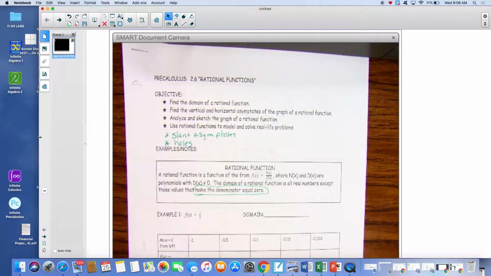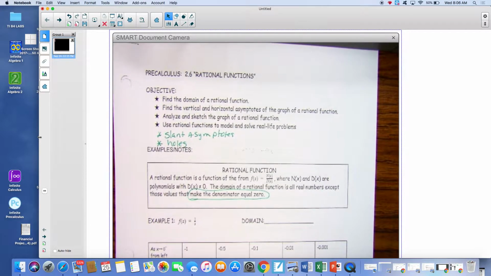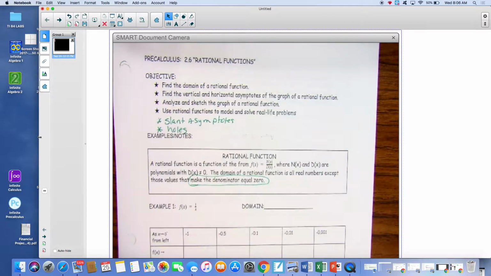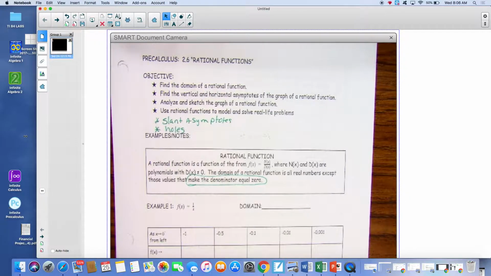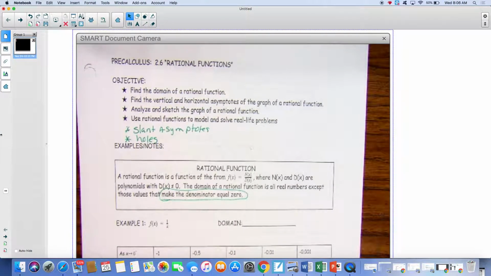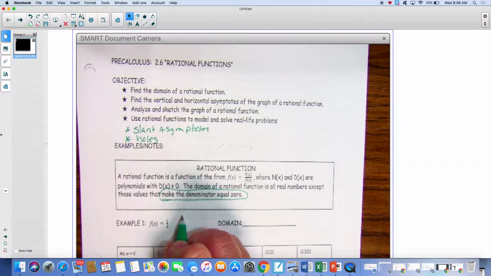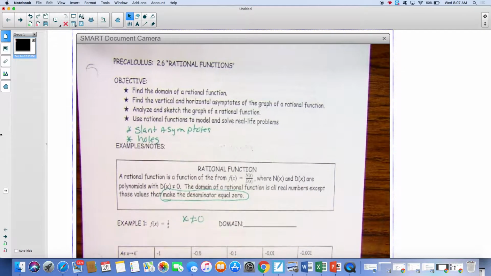So for example, 1 over x, what's its domain? Well, we know that x, the denominator, cannot equal 0.